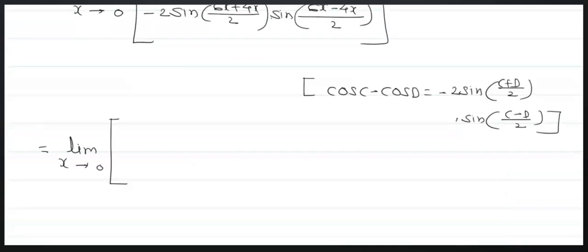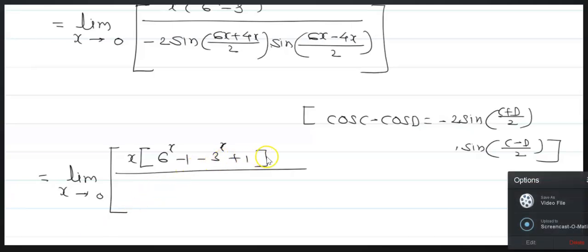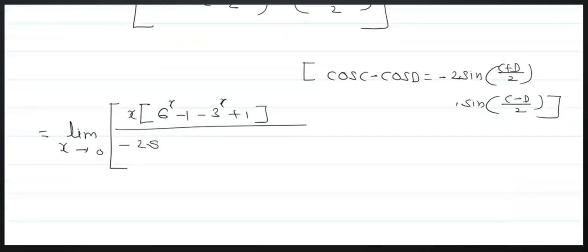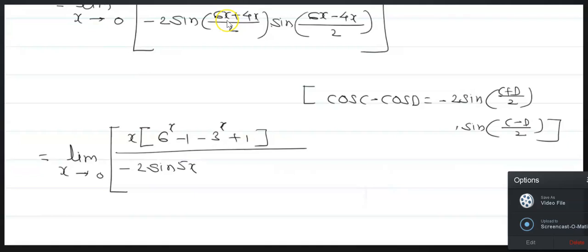Therefore, limit x tends to 0, x into 6 raised to x minus 1 minus 3 raised to x plus 1, and in the denominator minus 2 sine of 6x plus 4x, that is 10x upon 2, which is 5x, into sine of 6x minus 4x, that is 2x upon 2, which is sin x.